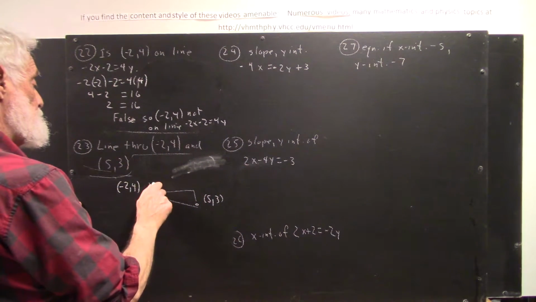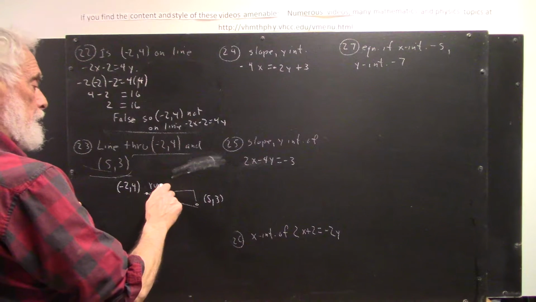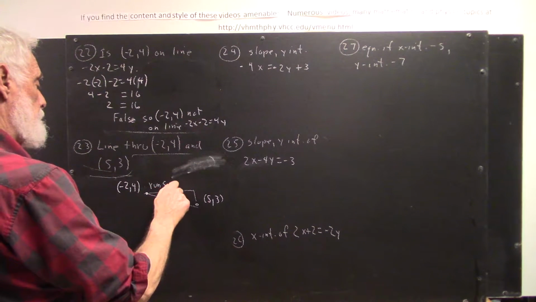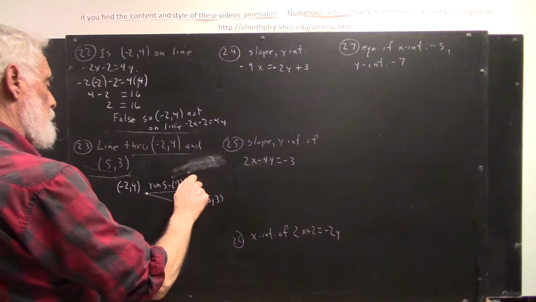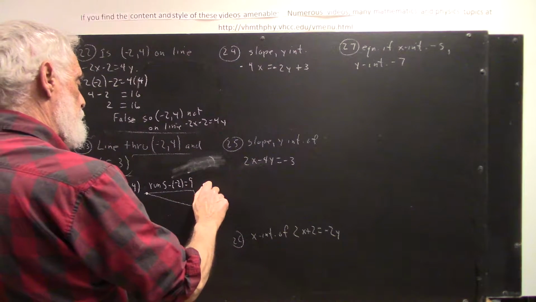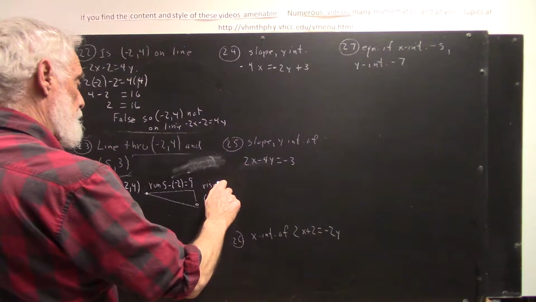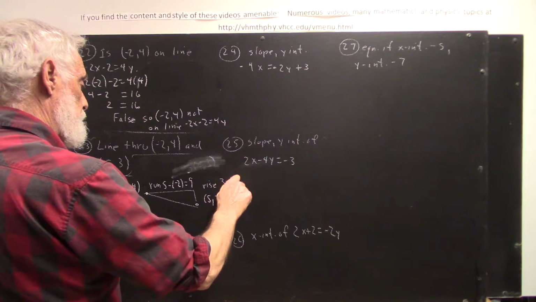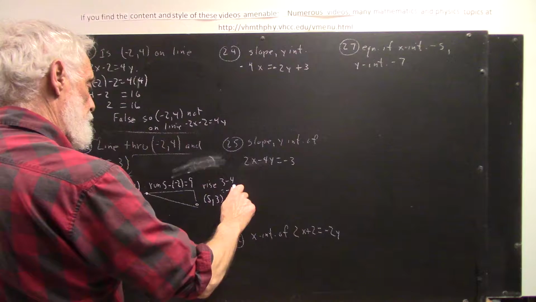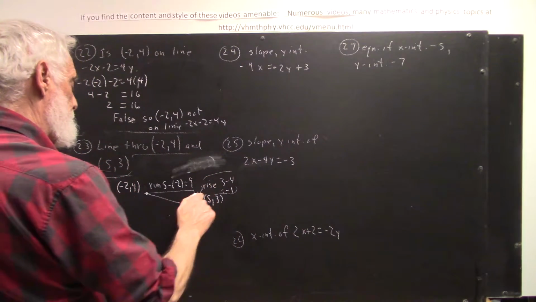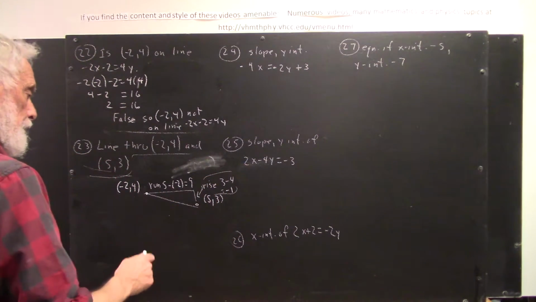The run is 5 minus -2, which is 9. And the rise is 3 minus 4, -1. So we have a run of 9, a rise of -1.